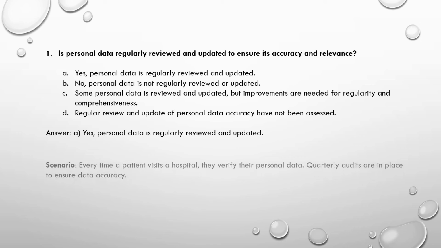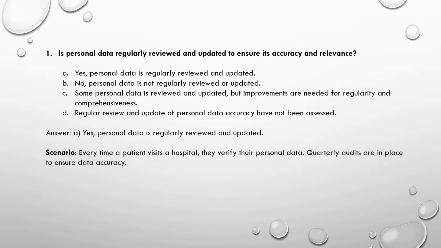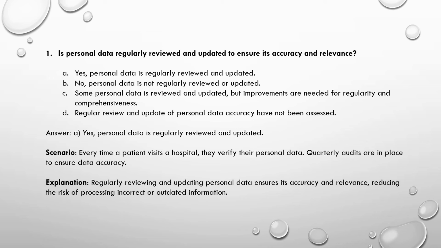One scenario here: every time a patient visits a hospital, they verify their personal data. Quarterly audits are also in place to ensure data accuracy. So that means the personal data is regularly reviewed and updated. There is a process in place. The explanation here is that regularly reviewing and updating personal data ensures its accuracy and relevance, reducing the risk of processing incorrect or outdated information. Let's move on to the next question, number 2.